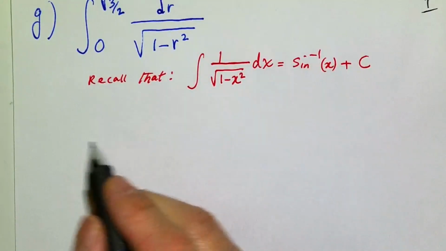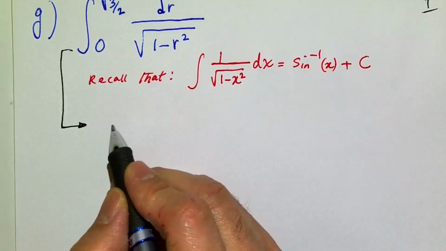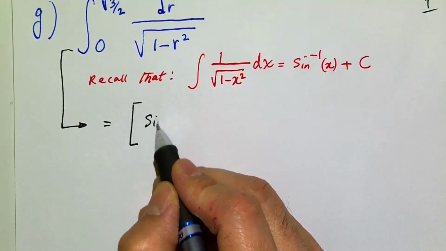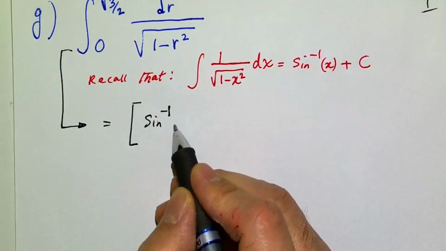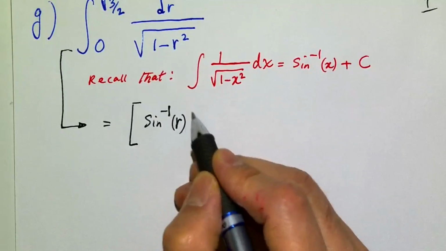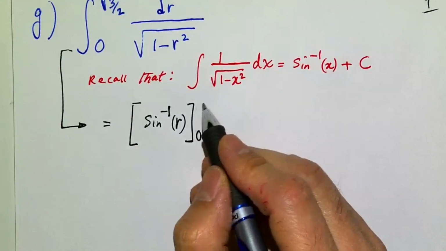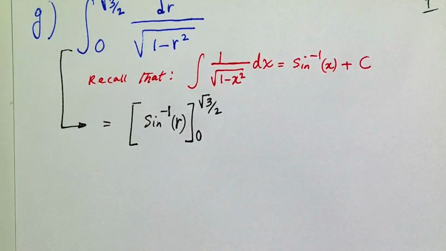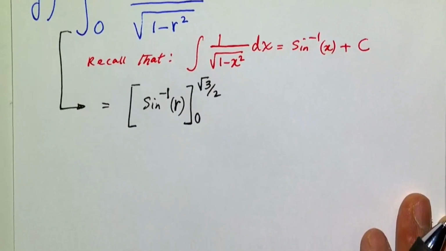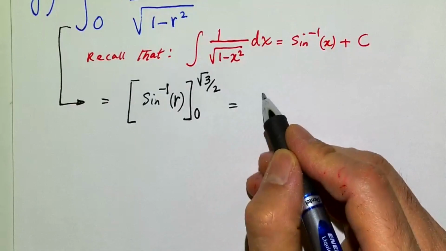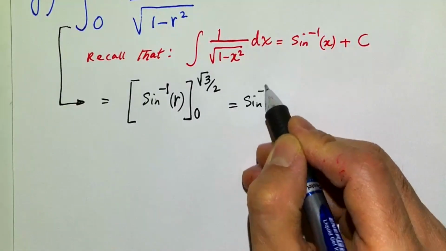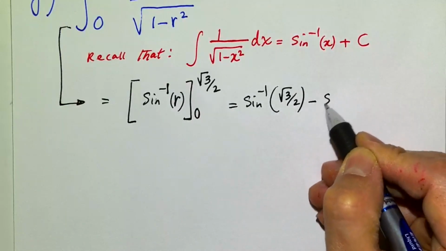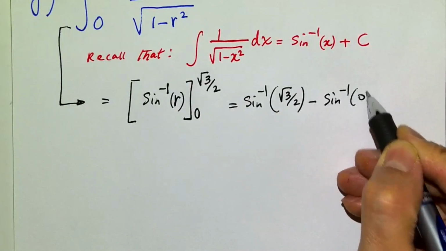We have then, this would be equal to the inverse sine of r, where r goes from 0 to square root of 3 over 2. And then that will be inverse sine of square root of 3 over 2 minus inverse sine of 0.